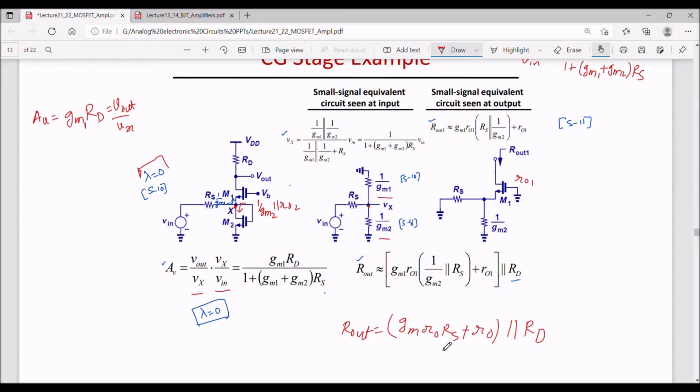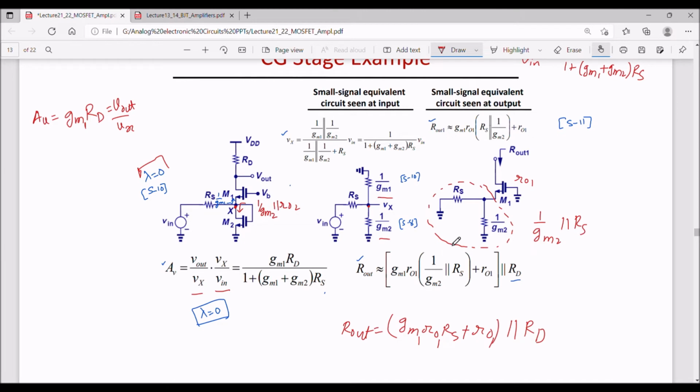So this is my total output impedance. In fact, gm1 ro1, again ro1 comes here. Now we have to include RS over here, right? So RS, that is this part, total this part, which is 1/gm2 parallel to RS.